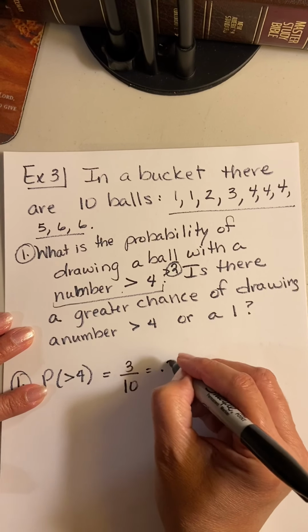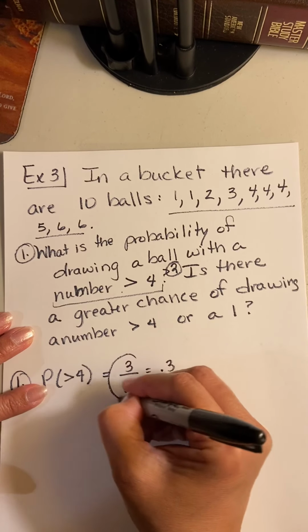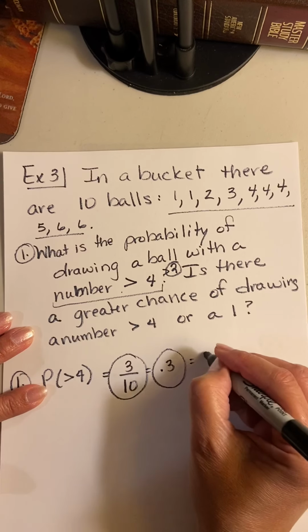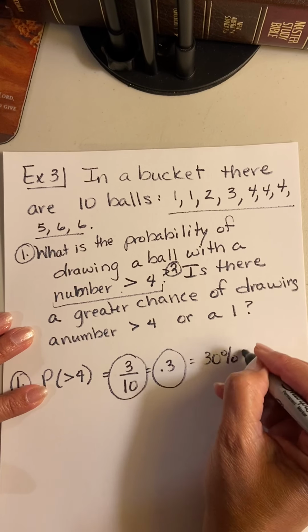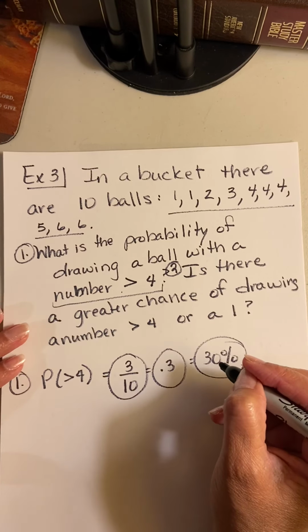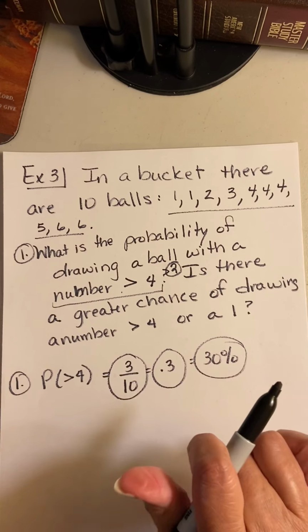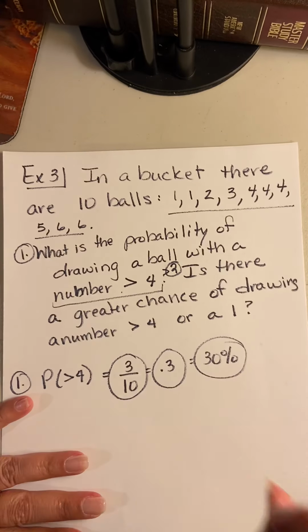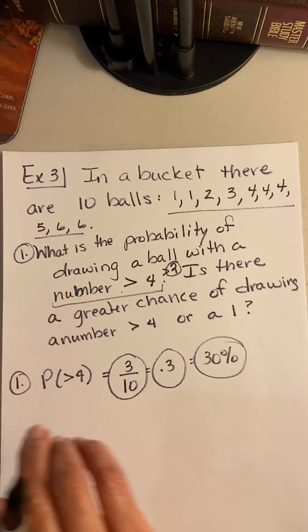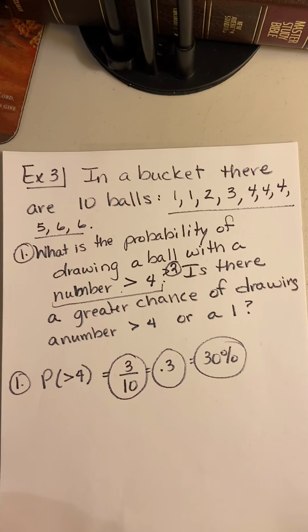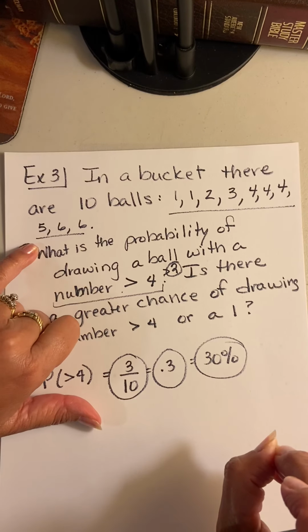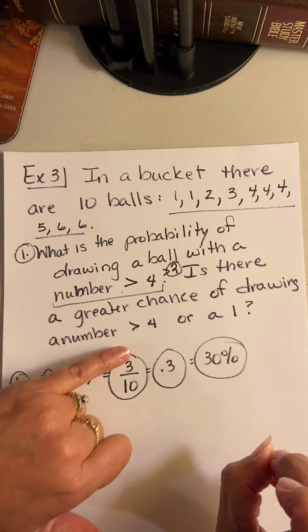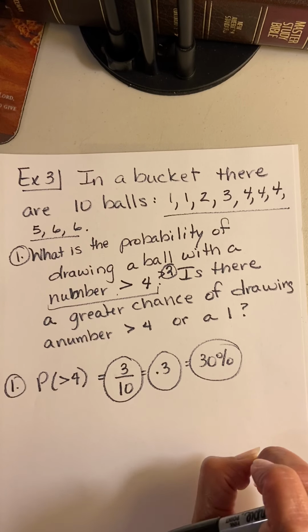So there's a 0.3. All of these answers are correct, and I don't know which one specifically they want, but they want you to be able to see all of those. So there's a 30% chance that if I stuck my hand in the bucket and couldn't see, and it's totally random, I dig around, there's a 30% chance that I'm going to choose a 5, 6, or a 6, or a number greater than 4.